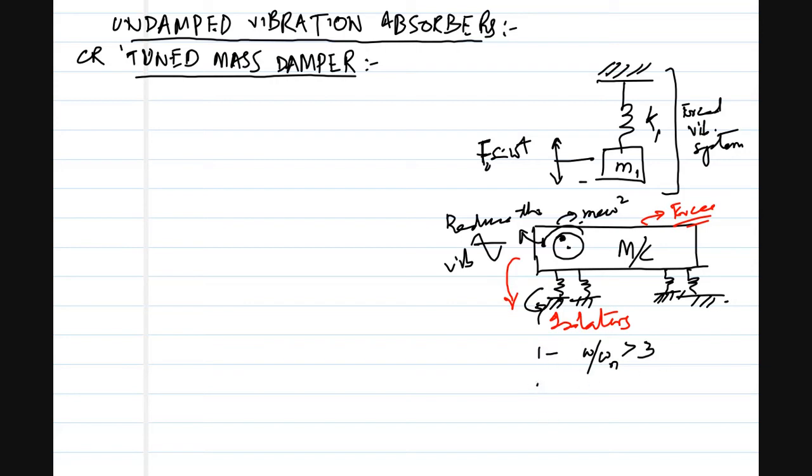Second way is to increase zeta so that you can decrease the vibrations. Now in most applications, it's very difficult to increase omega by omega n, and sometimes it's not possible to increase omega by omega n.